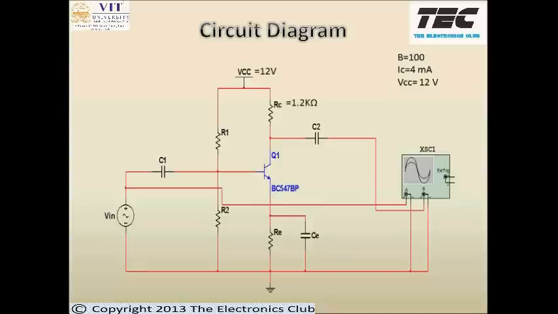According to our calculation, RC is equal to 1.2 kilo ohms, R1 27 kilo ohms, R2 4.7 kilo ohms, RE 330 ohms, C1 0.1 microfarad, C2 0.1 microfarad, CE 47 microfarad, and the input voltage signal 100 millivolt peak to peak. In the oscilloscope connection, the positive terminals are connected as given in the circuit diagram, while all the negative terminals are grounded.